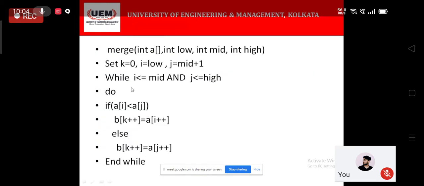And i is for the left side array, and j is for the right side array. i can go maximum to the mid position and j can go maximum to the high position. j is initialized with mid plus 1. If A of i, meaning the array element in the left part of the array, is smaller than the element in the right part, then obviously you need to take A of i. Now what is B?